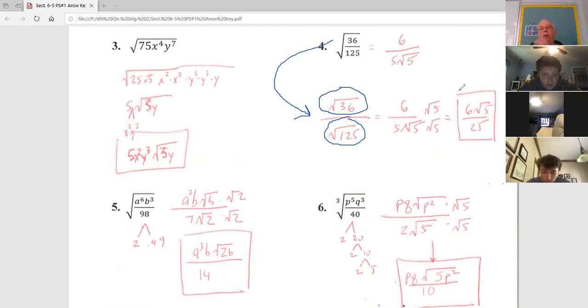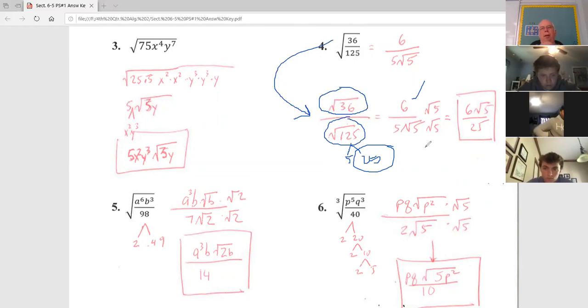The square root of 36 is 6, that's easy enough. 125, I know that's divisible by 5, so if you didn't know 25 divided into that, you could start factoring out 5. I get 5 times 25, and then the bells and buzzers start going off, because I know 25 is a perfect square. So that comes out from under the radical as 5, and then the 5 stays under the radical.